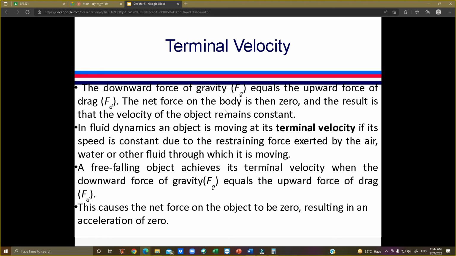So when you reach that point, the net force on the body will become zero, resulting in no acceleration, and the velocity will become constant. This is the concept of equilibrium. That is what we call terminal velocity, meaning the highest amount of velocity an object can have. And this can only be achieved when the gravity value is equal with the drag value. So there is no more acceleration.